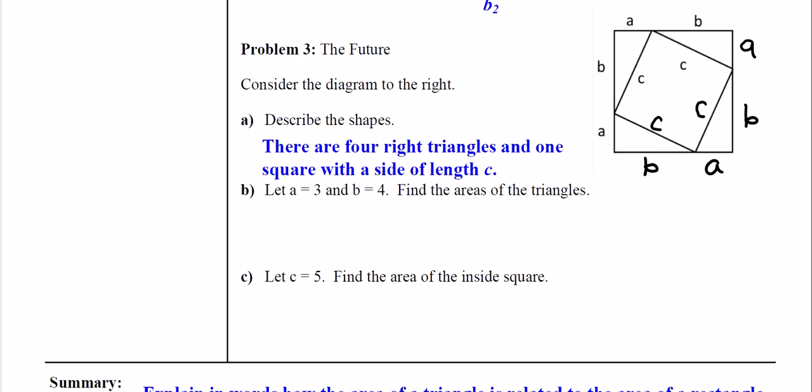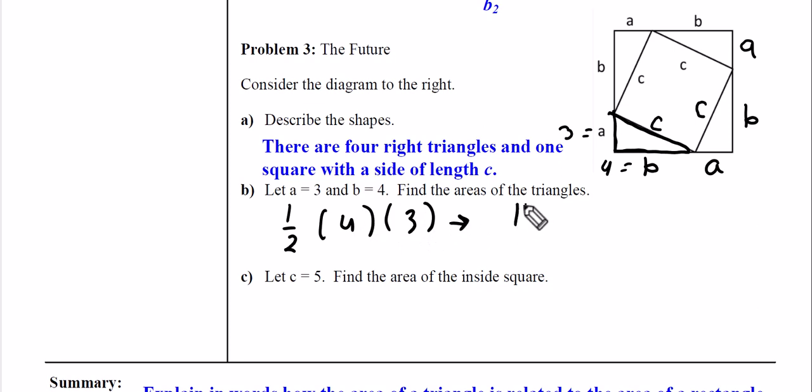If a is 3 and b is 4, what's the area of a triangle? So if a is 3 and b is 4, here is one triangle, for example. What is the area of that triangle? Well, it would be 1/2 times the base, which is 4, times the height, which is 3. 4 times 3 is 12, divided by 2, and that gives me 6.